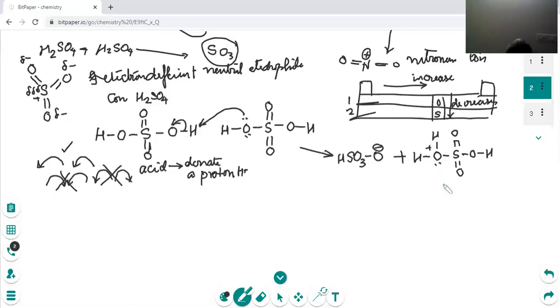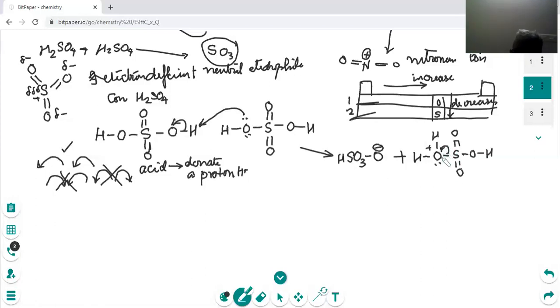Now, once you have this, see how it got the positive charge, by donating a pair of electrons. The lone pair is donated to this proton to form this bond, so it has a tendency to take it back.